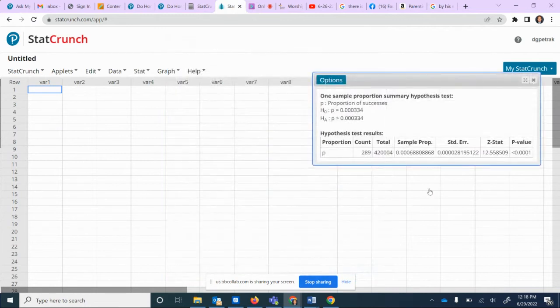And there we go. Because our sample proportion is 0.00068, and with this large of a sample, we got a z-score of 12.55, which is essentially a p-value of 0. So statistically, this is very significantly different.